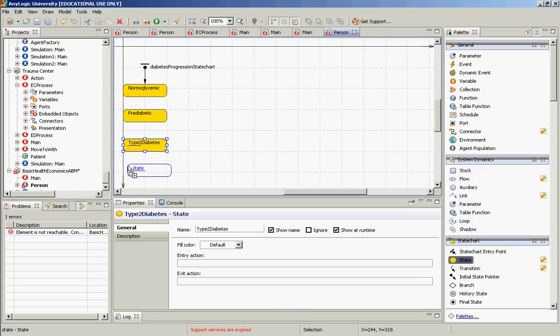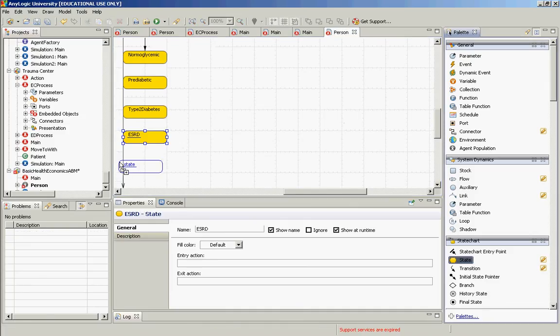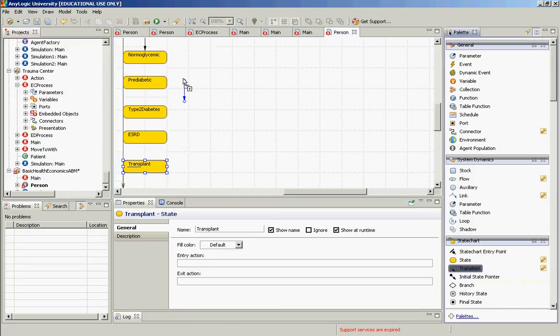Then I'm going to represent a rather severe complication associated with diabetes, end-stage renal disease. And finally, we'll have a transplant state associated with end-stage renal disease. Now I have to ask the forgiveness of those listening for the crudeness with which I'm representing this.